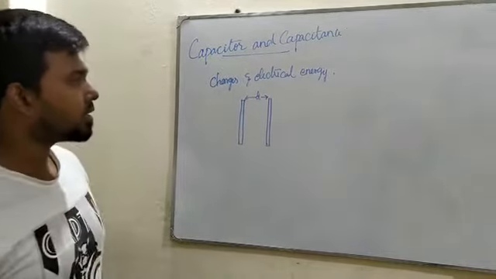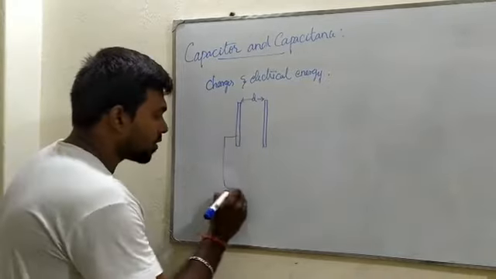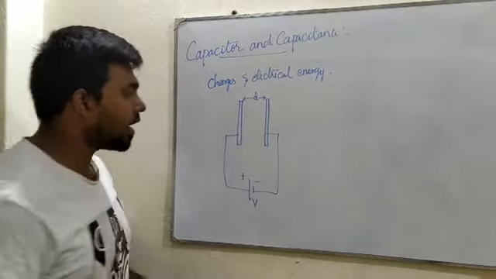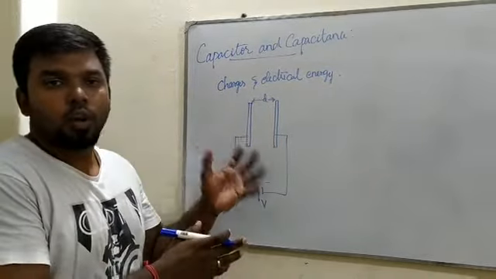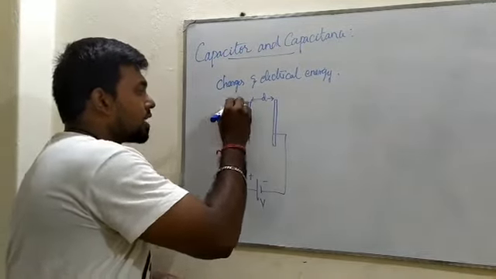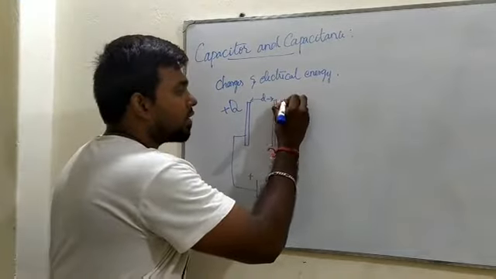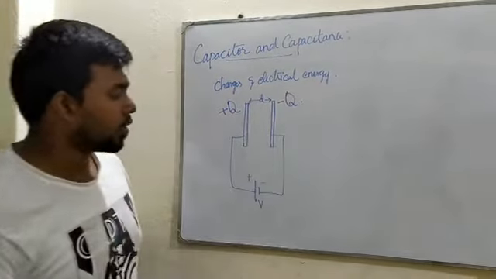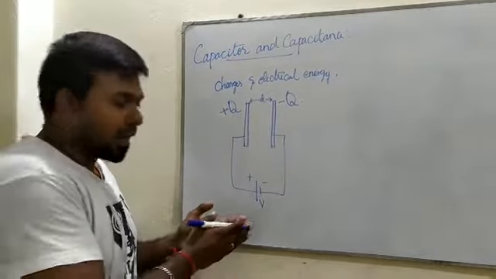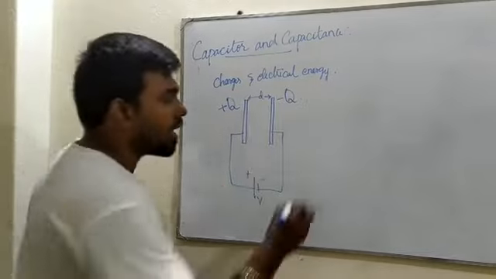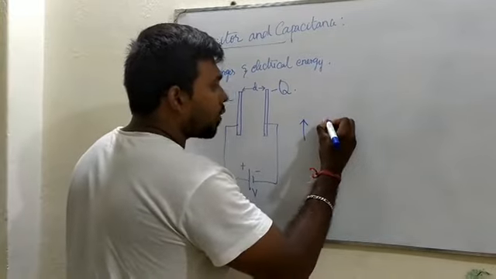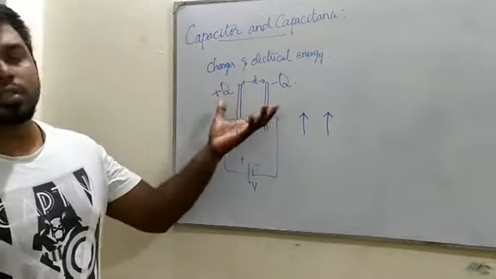Assume that this capacitor is connected to a battery whose potential difference is V, where the electrons will be transferred from one plate to the other plate, such that one plate will consist of charges plus Q and the other plate will consist of charges minus Q. So the potential difference between the two plates is equivalent to the battery's terminal voltage. When the battery's terminal voltage increases, the potential difference between the plates also increases.